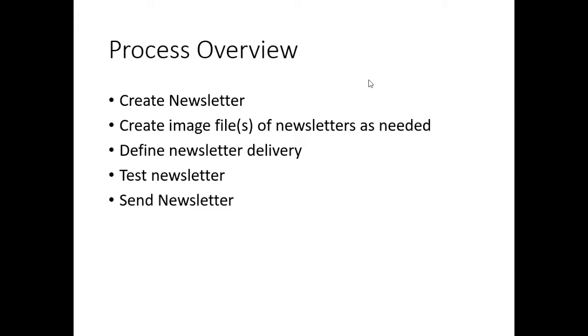Many people use third-party services though. You'll define newsletter delivery. You'll test your newsletter before you send it out, which is a great feature. Rarely do you get everything perfect the first time, so it's always a tremendous feature to be able to test it. And then as soon as you're ready, you'll be able to either schedule the delivery or just go ahead and have it sent out directly from MailChimp.